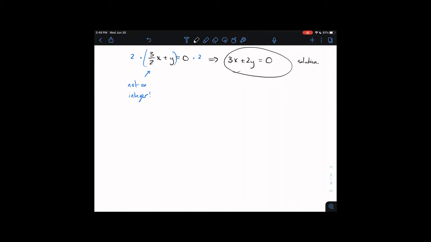So let me see here. I was going to do number 19, but I think I can skip that and just do number 36. So it's a little bit more interesting.